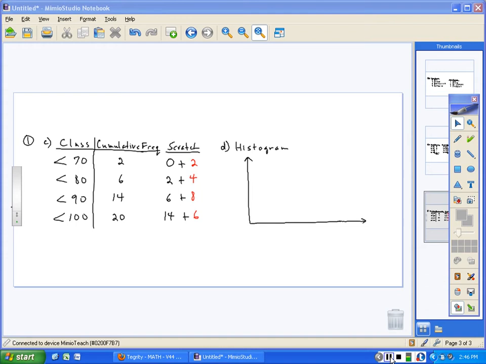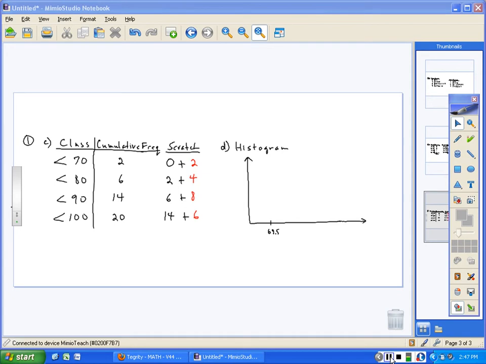So again, going back to Part A, which is what we base all of this off of, the first class ends at 69, and the next class starts at 70. So the point midway between 69 and 70 would be 69.5. But that is, in fact, the second class boundary.